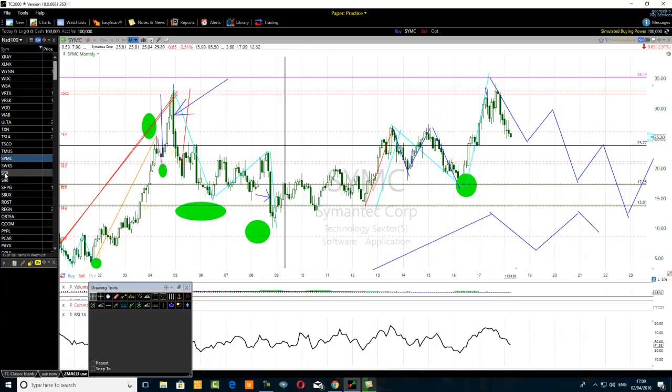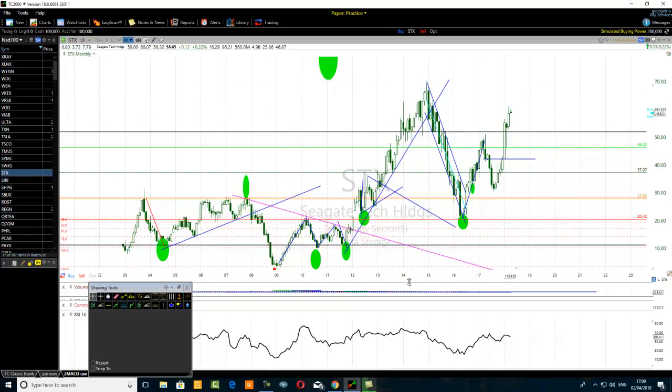Okay, Seagate. All right. So in this case, we are not going into the nitty-gritty of detailed pattern. We're just looking at the bigger picture, and we are using that as a reference point when we want to focus on another financial instrument that has something in common with the first one.